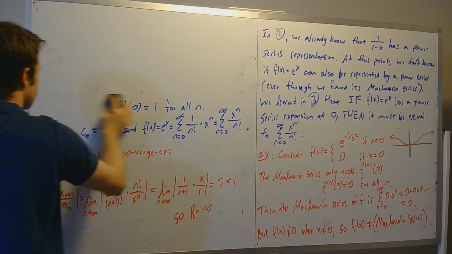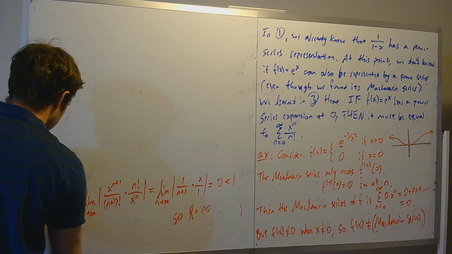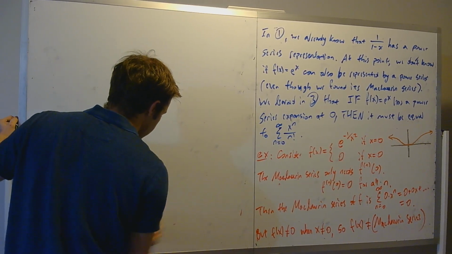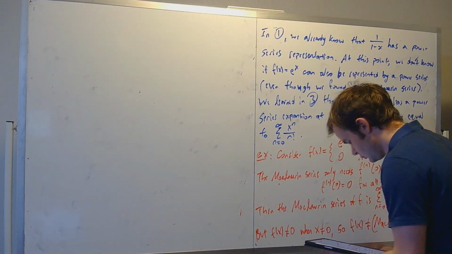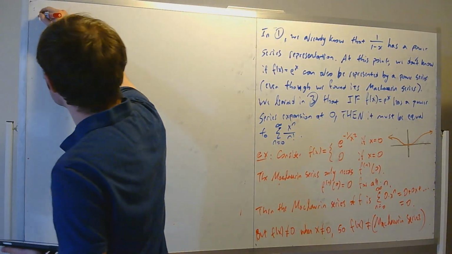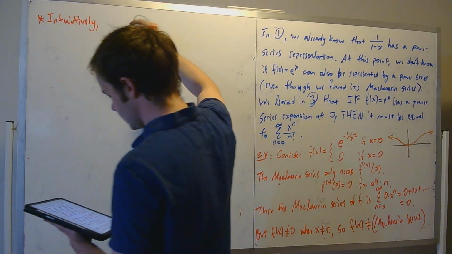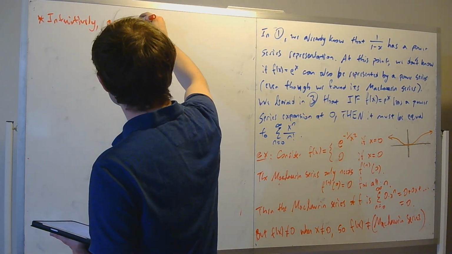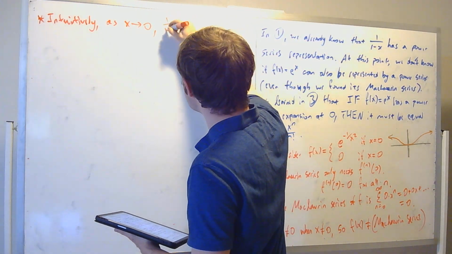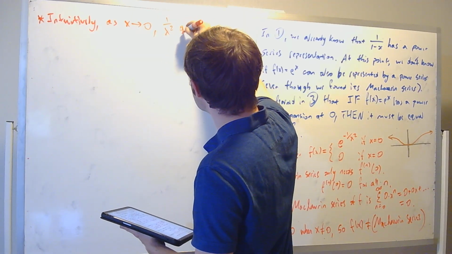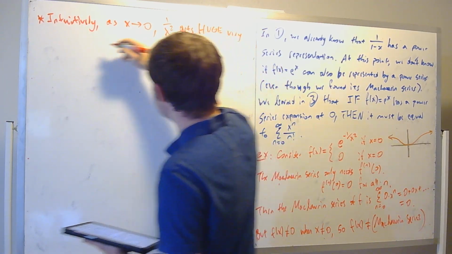Let me just write this down. So intuitively, as x gets closer to 0, 1 over x squared gets huge very quickly.